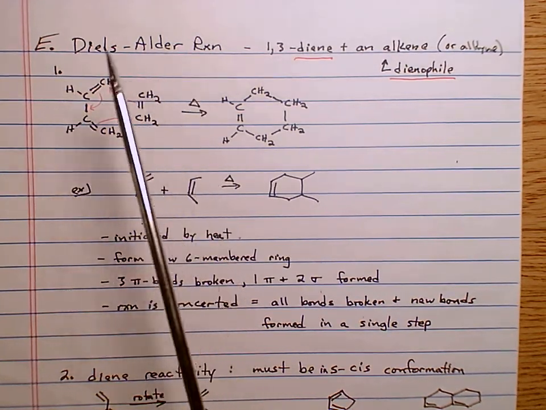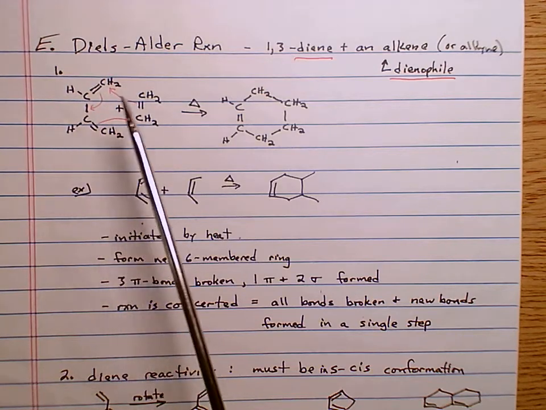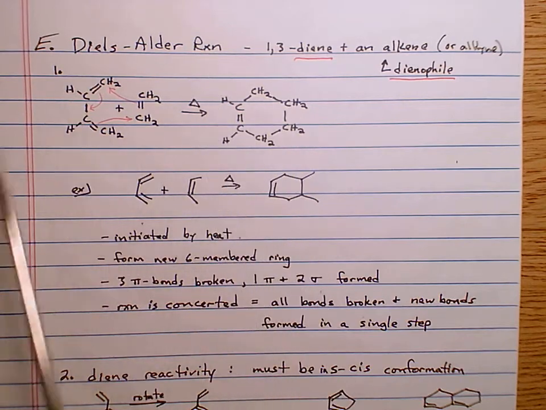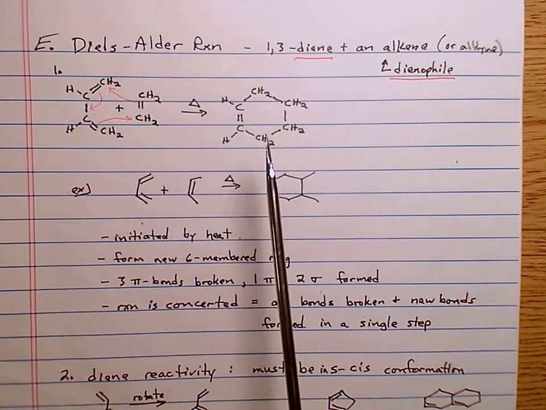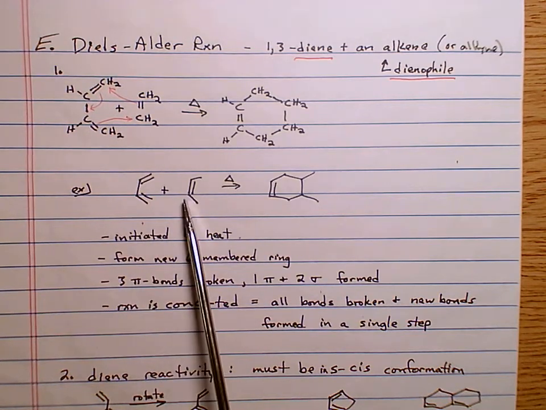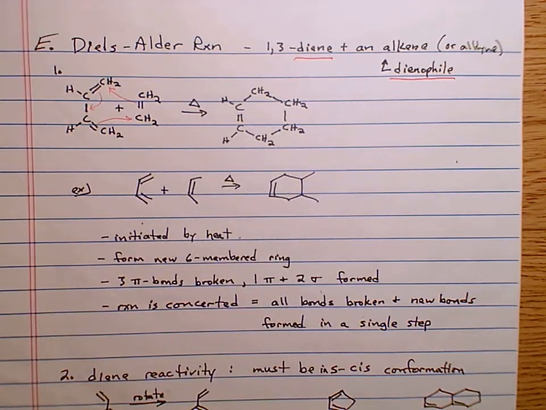So all you have to do is take a conjugated diene with an alkene, add heat, and you get this molecule here, simply a cyclohexene. All right. Conjugated diene plus an alkene and heat gives us a cyclohexene. Just takes a little bit of heat, forms a six-membered ring.